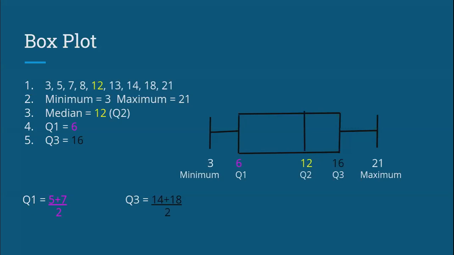And then you will find the median of the lower half, that is called Q1, or quartile 1, because you see that the graph is in 4 parts. So quartile 1 is the median of the lower end of the data. And then you find quartile 3, which is the median of the upper half of the data, and you have your 5-number summary.